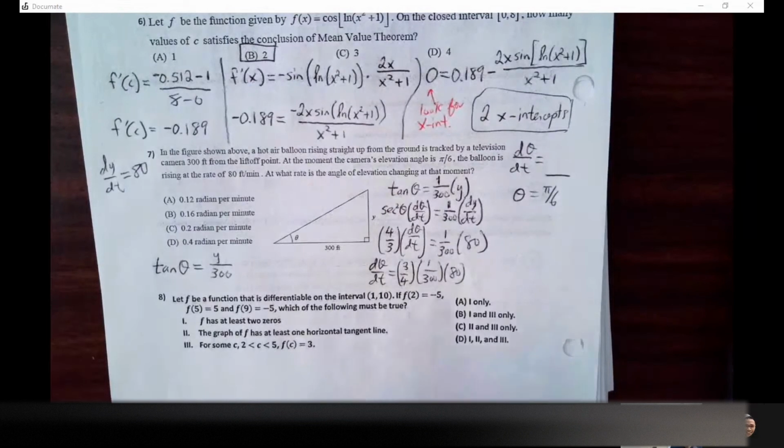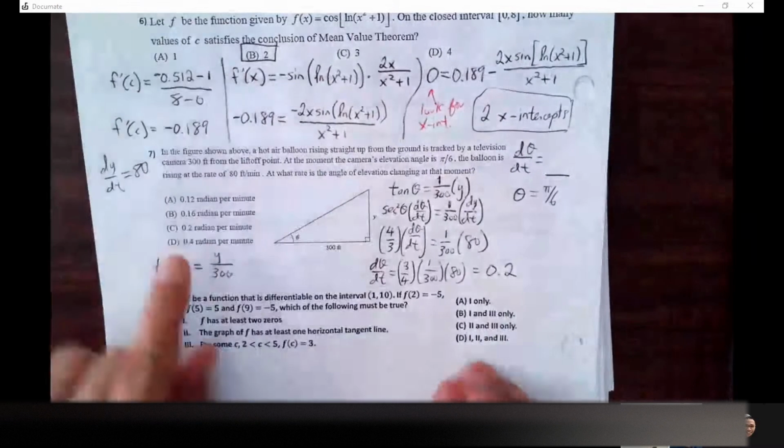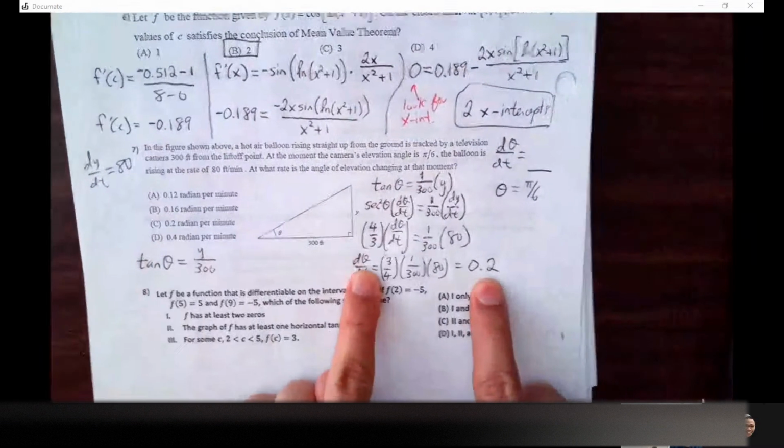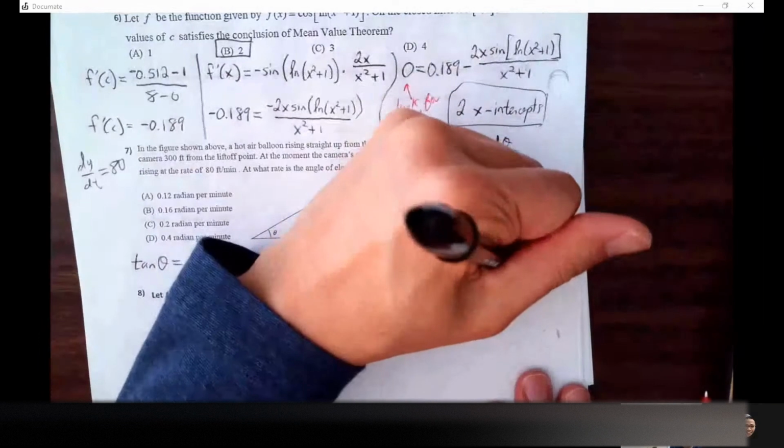Okay, so I get 0.2. And theta is in terms of radians, time is in terms of minutes, so radians per minute.